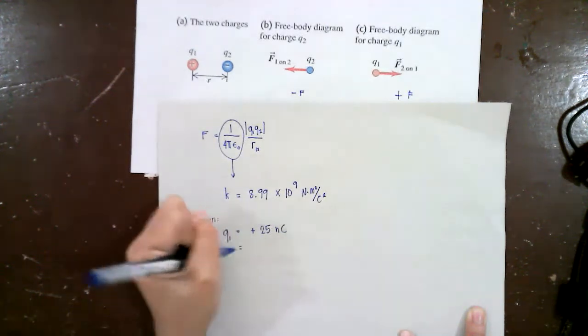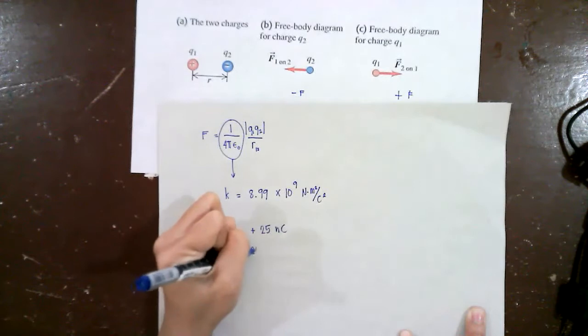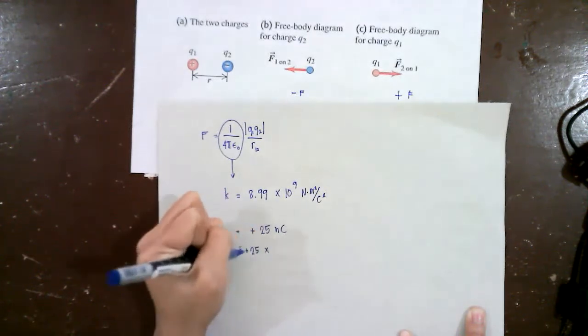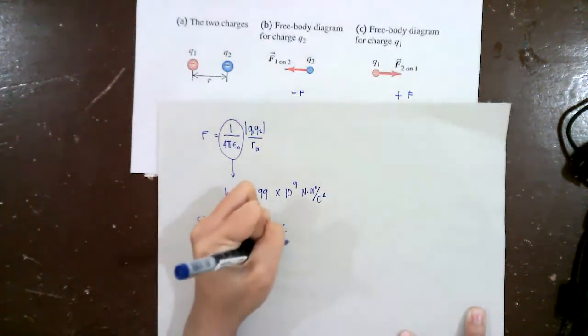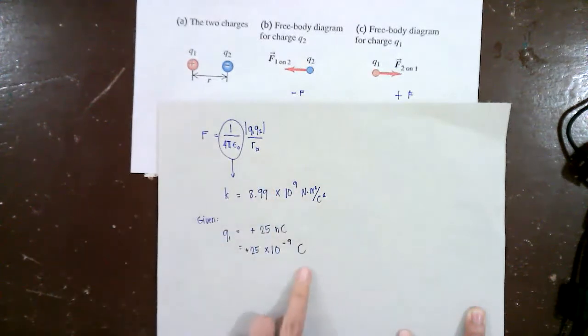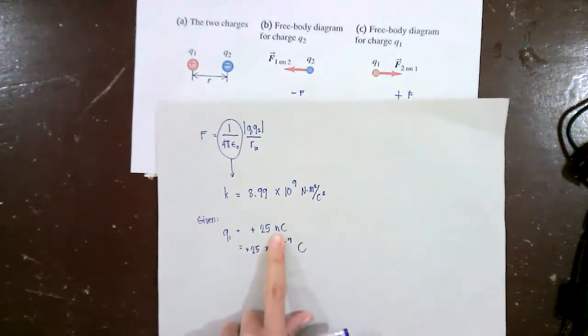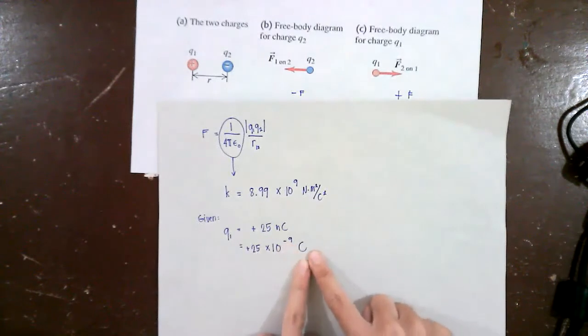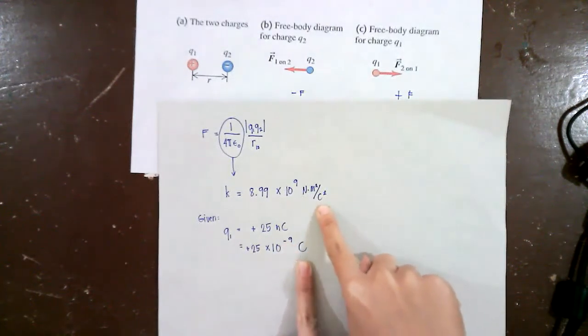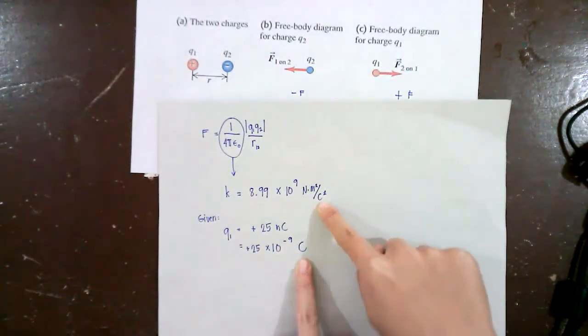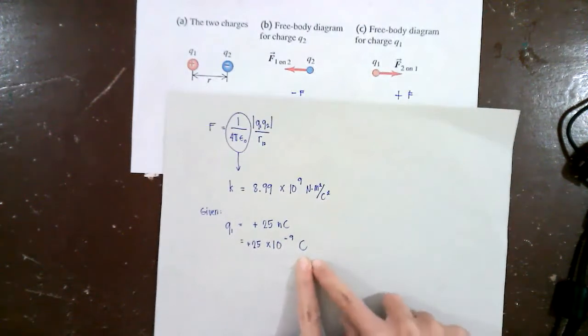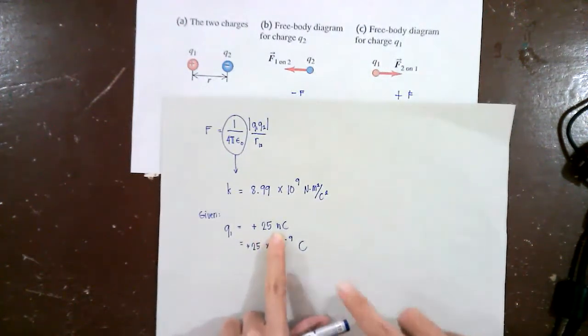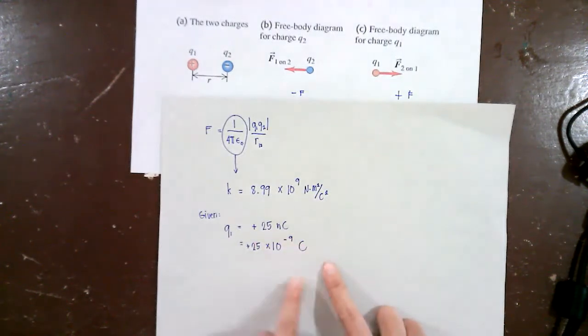So this is just positive 25 times 10 raised to negative 9 coulomb. Kailangan natin siyang i-convert into coulombs because our constant is in coulombs. So para ma-cancel ito siya, dapat coulombs lang ito siya. So we have to convert your nanocoulomb to coulomb.